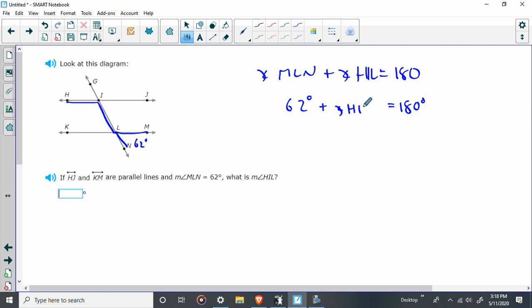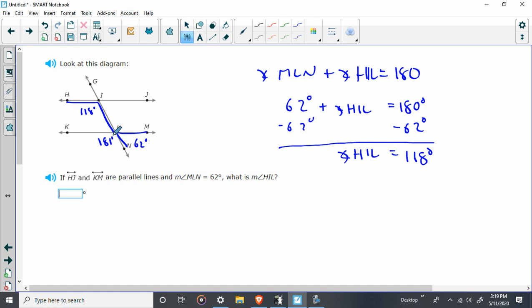You can break out your calculator and subtract 62. 180 minus 62 is 118 degrees, so HIL is 118. This is 118, this is 118, and this is going to be 62. Everything starts to fall into place.